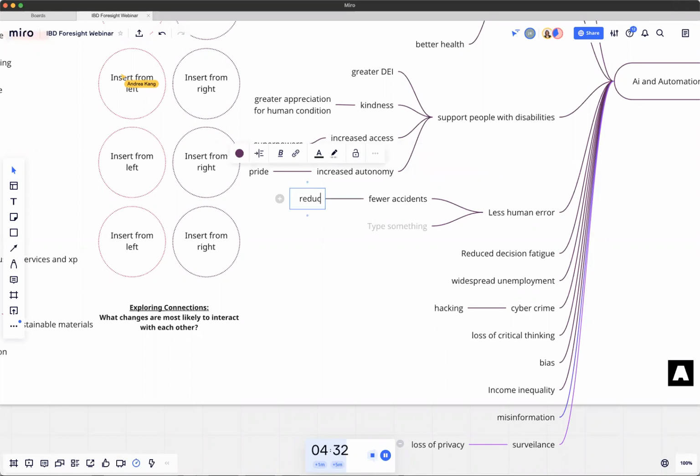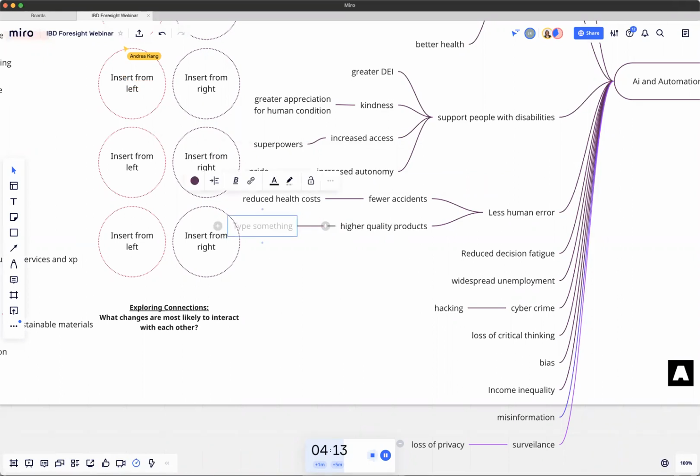Shorter work weeks. Yeah, overall less death is what people have been mentioning, which obviously would be great. Reduced medical costs, insurance costs, maybe litigation costs if lawsuits happen.